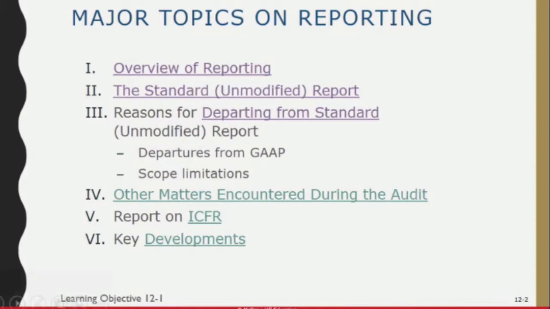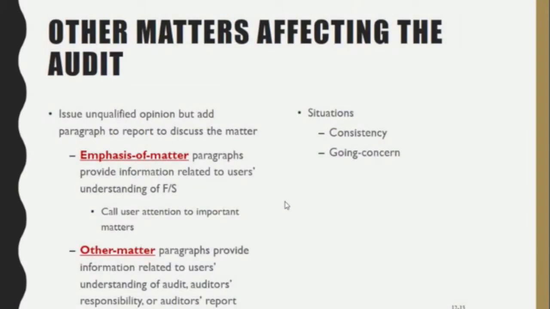So we also have other matters that affect the audit, that the auditor would report on in the audit report. The difference is that these matters don't impact the audit opinion. And the explanatory paragraph is added after the audit opinion. So two types are emphasis of matter and other matter.